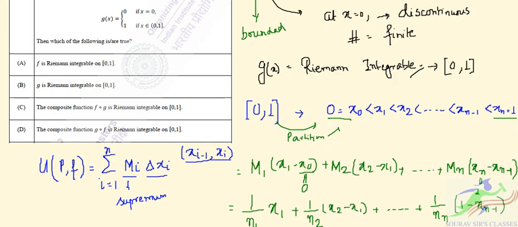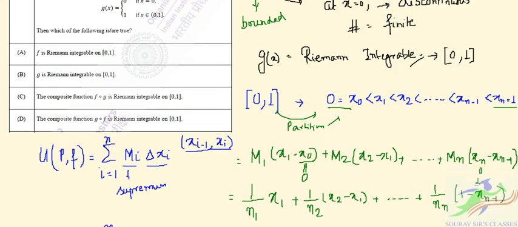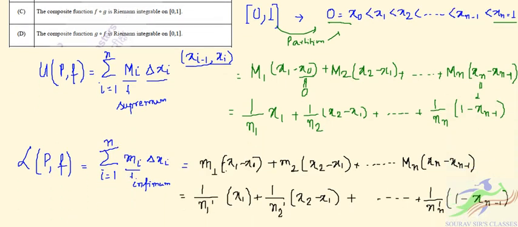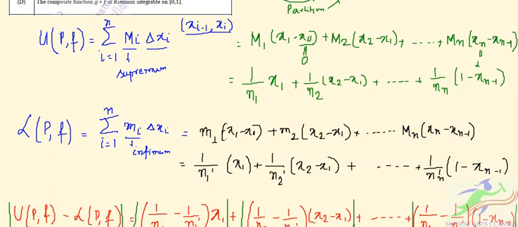So we have to find the composite functions, f composite g and g composite f, whether they are Riemann integrable on [0,1]. So we have to check with the composite function f∘g, that is f composite g.